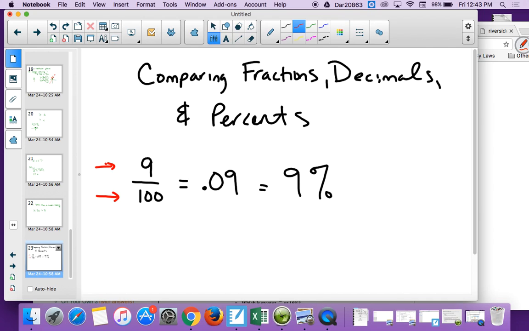9/100ths. Why am I saying that and just giving you that interpretation at the beginning? Because when you look at the fraction, then go and compare it to the decimal next door, how do you say that decimal? You're tempted probably to say 0.09, which is the digital world. It's how we say things now. But if you actually use the place value, this first place value is the tenths position right there.